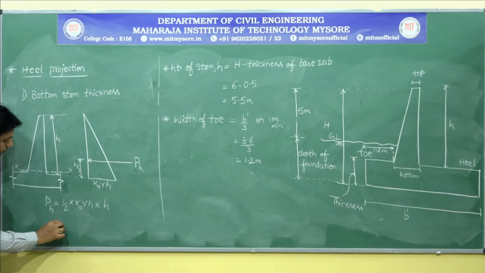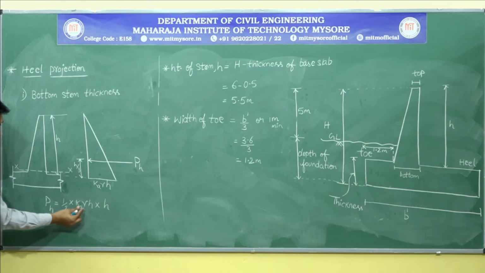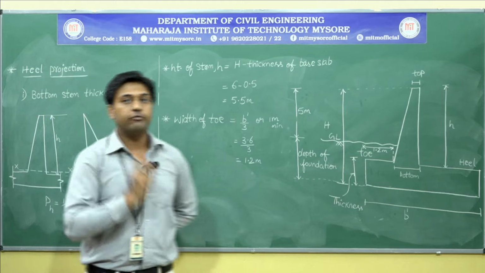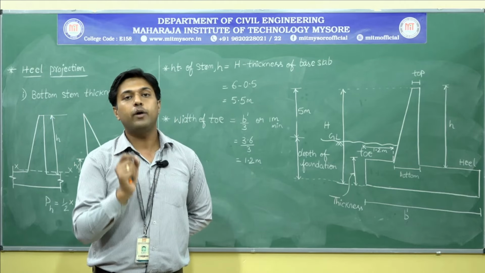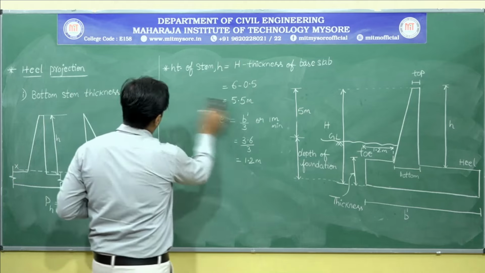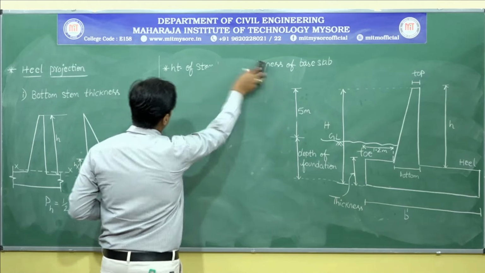Now if I want to calculate the pH value, I know the density of the soil, I know the height of the stem, but I don't know Ka. What is that Ka? It is nothing but the coefficient of active earth pressure.